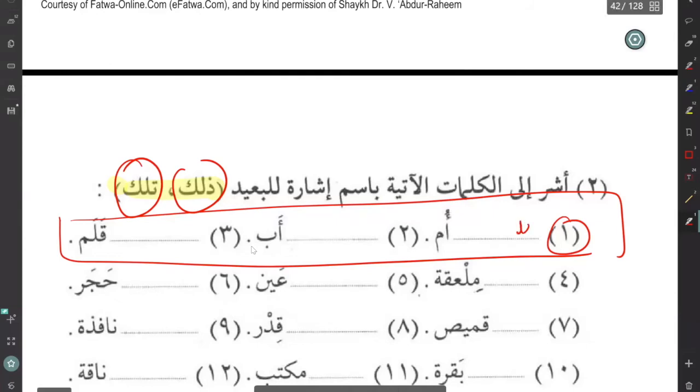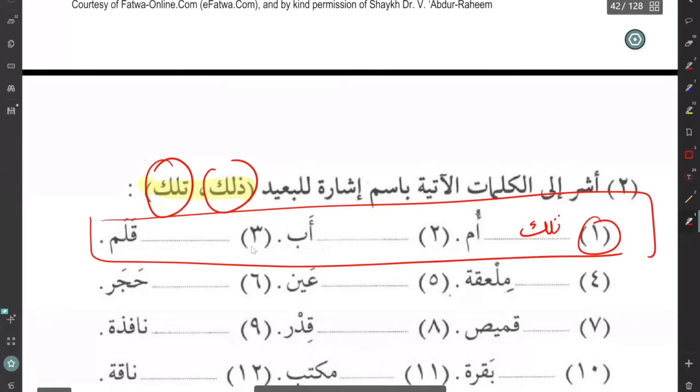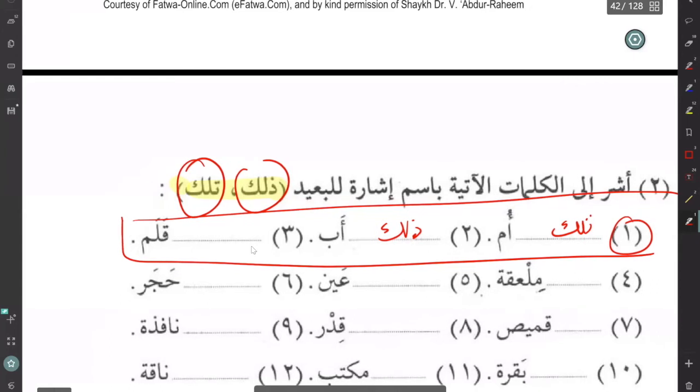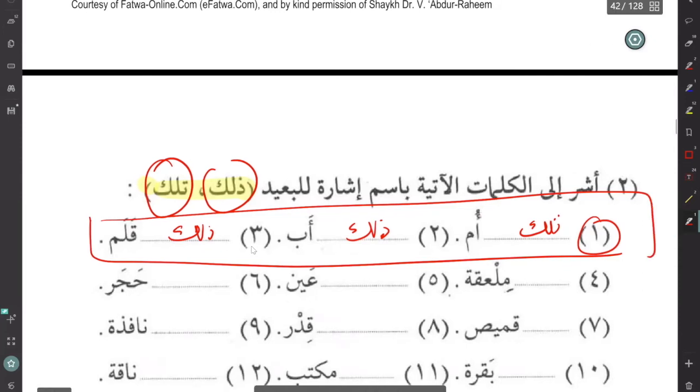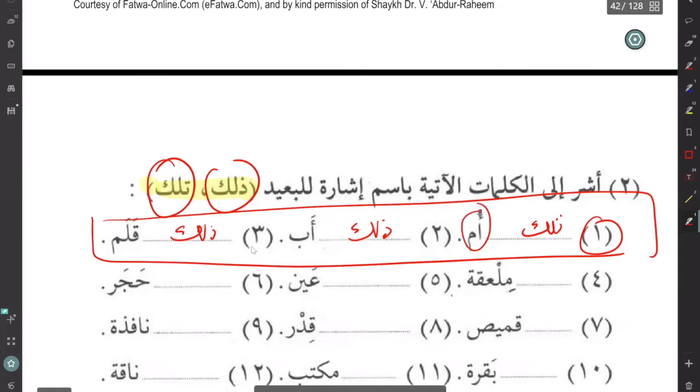Because it's feminine. Next one is ab, of course. For ab, going to be what? Dhalika. And the next one, dhalika. Yes, both of them dhalika. Good. Okay, so basically, if it's feminine, it's going to be feminine.